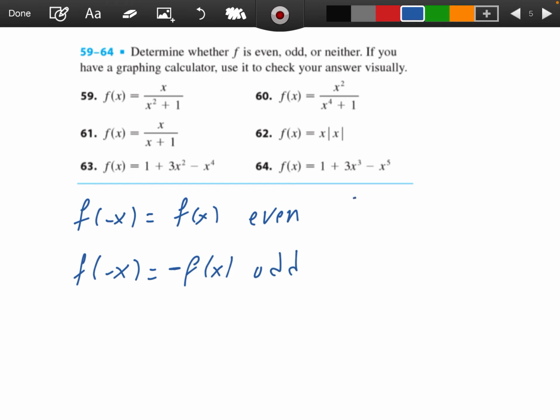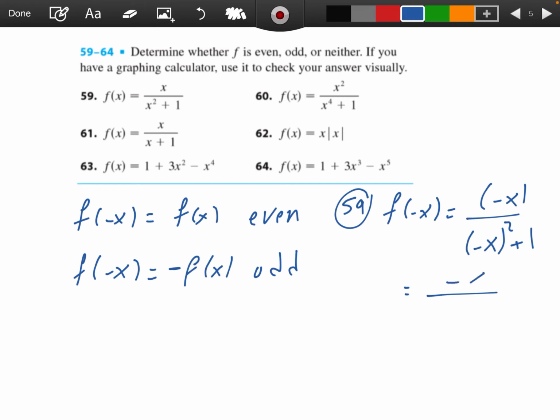So if we take number 59 and replace x by negative x, we're gonna have negative x over negative x to the power 2 plus 1.